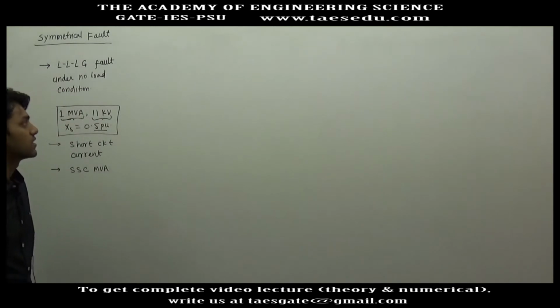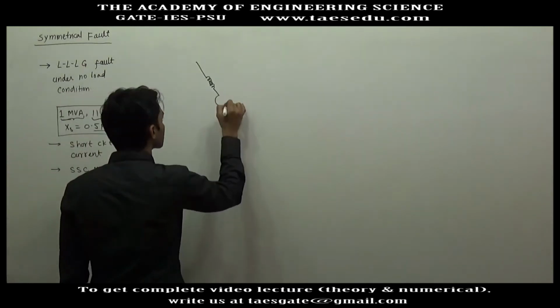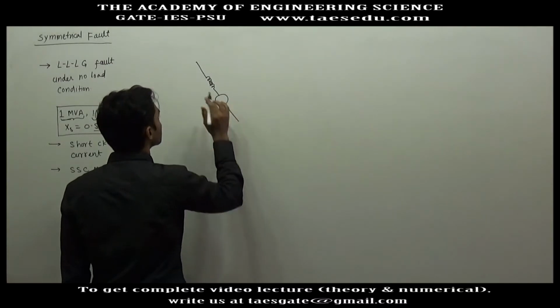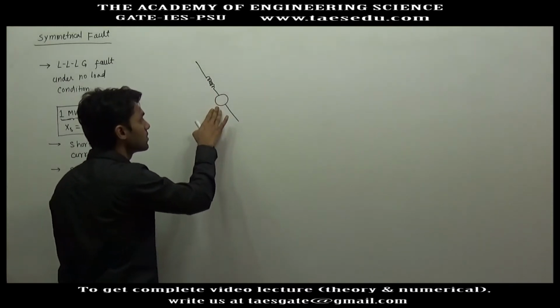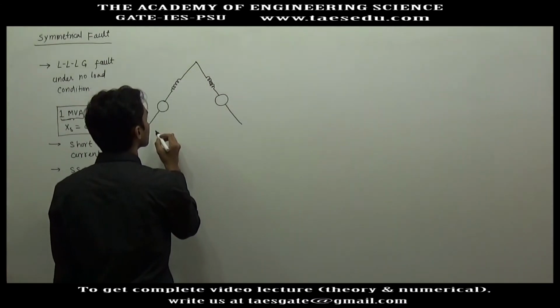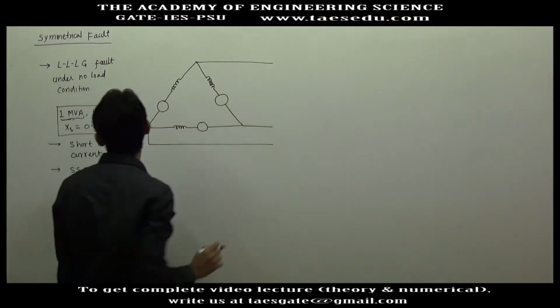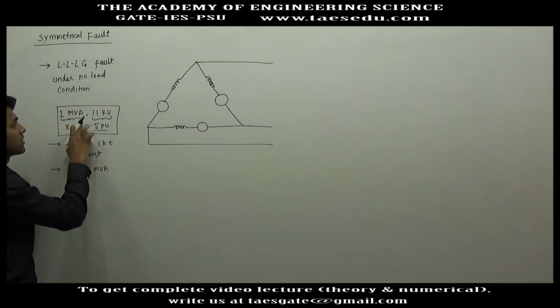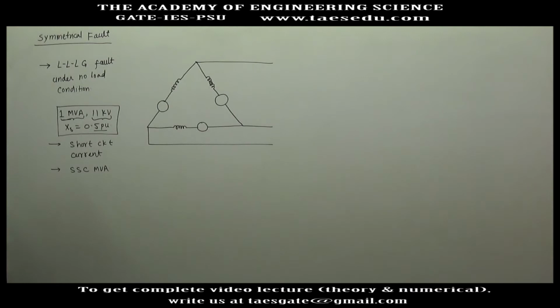We have the same generator, but now the three windings of the generator are connected in delta. Let's say this is the first phase, this will be the reactance of winding, and this is the voltage generated in the winding. We have the same generator, means rating is 1 MVA, line to line voltage is 11 kilovolt, and the pu value of per phase synchronous reactance is 0.5.